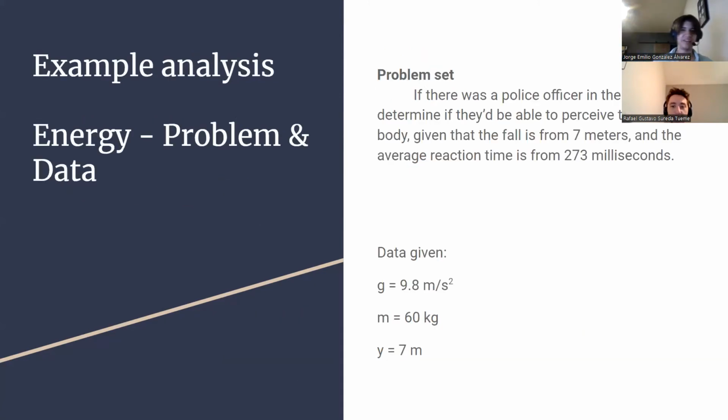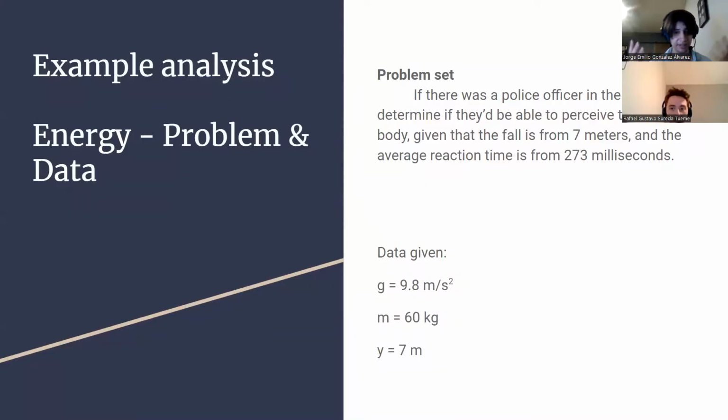Now we'll see another problem, now based on energy. It states, if there was a police officer on the first floor, determine if they'd be able to perceive the falling body, given that the fall is from 7 meters and the average reaction time is 273 milliseconds.